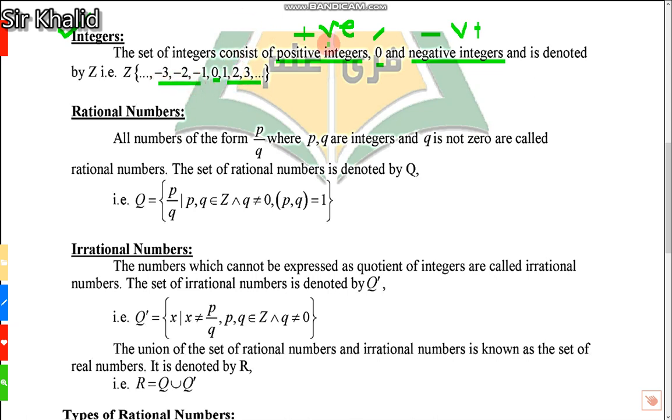So together these positive integers, 0 and negative integers fall into the category of integers.